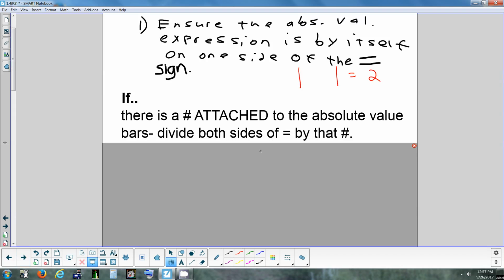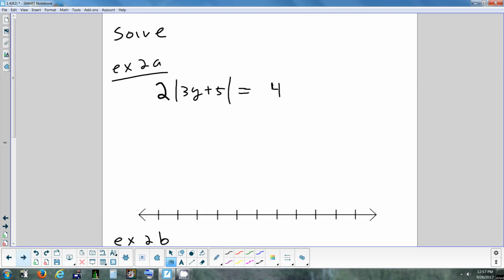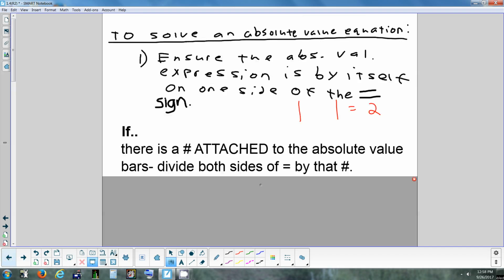If there's a number attached to the absolute value, I think you have an example on your notes. Yeah, you do. Like this one. So if there's a number attached to the absolute value bars, divide both sides by whatever's attached.